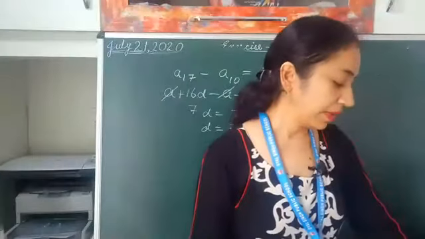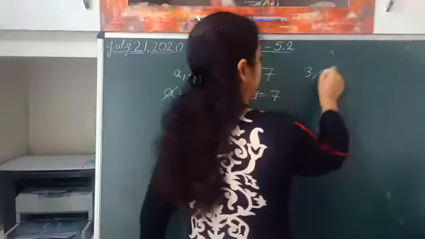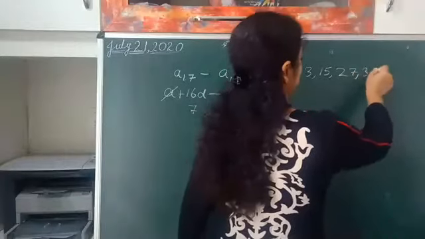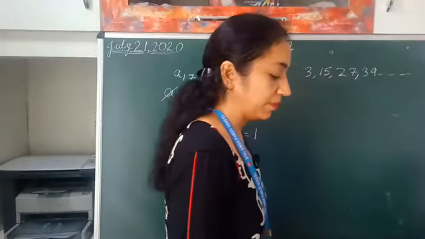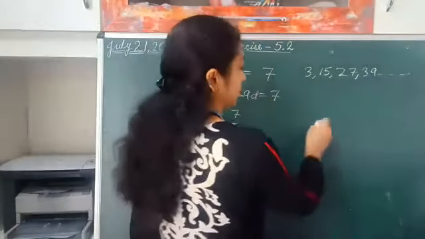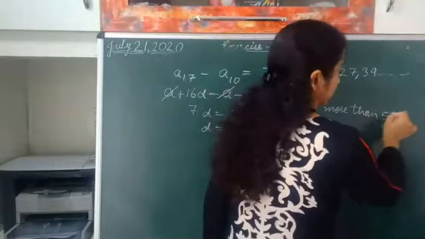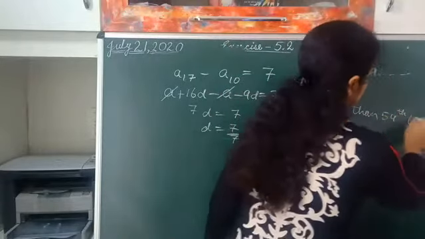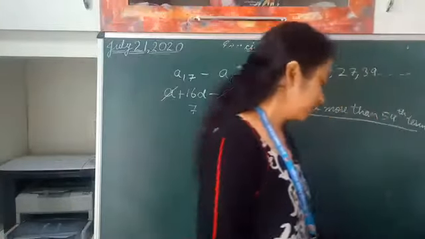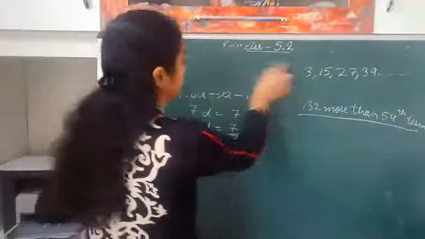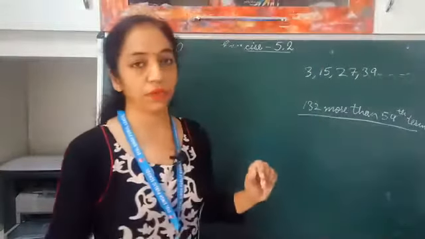Okay, which term of the AP 3, 15, 27, 39, ... This is the AP given, and we have to find out which term of this AP will be 132 more than 54th term. हाँ जी, 132 more than 54th term. इसकी कौन सा नंबर, कौन सी टर्म उसकी 54th टर्म से 132 ज्यादा होगी? कौन सी टर्म?